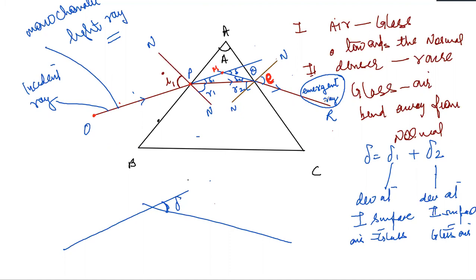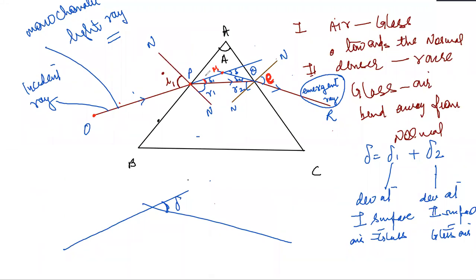At the first surface AB, instead of going along OPM, the light is bent at P along PQ. So suppose the deviation, the angle MPQ, equals delta 1. This angle MPQ is delta 1, the light's deviation at the first surface.